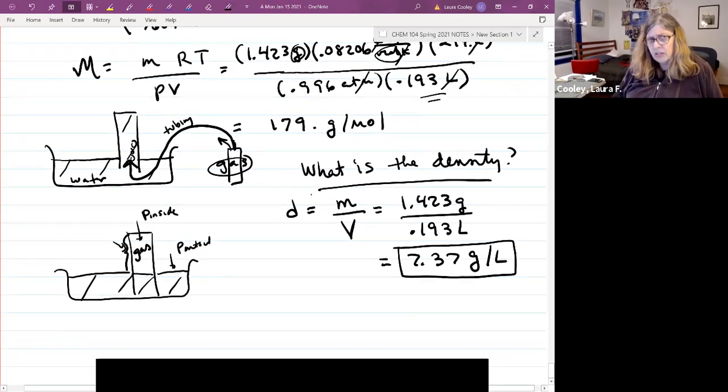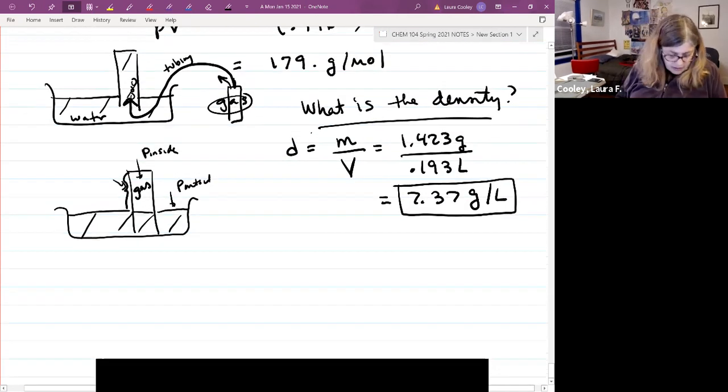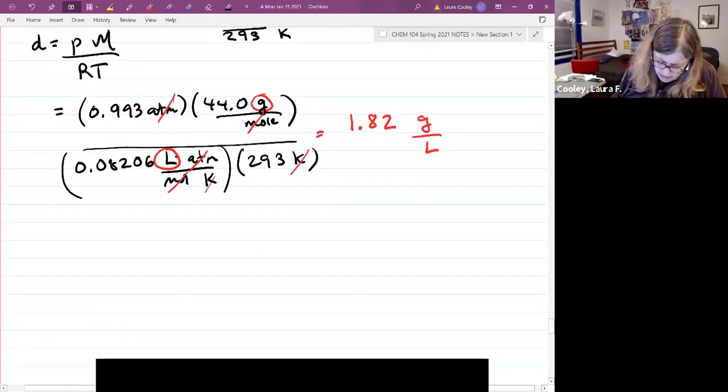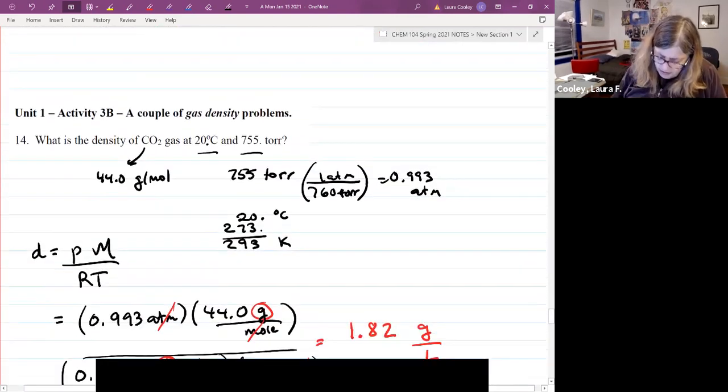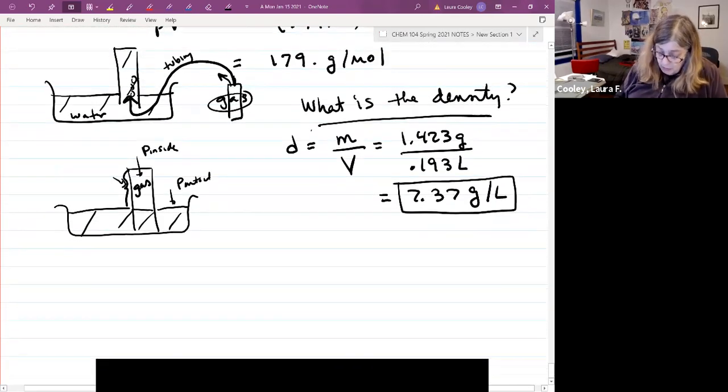And you can see it's much denser than the CO2, I believe, from the previous example. And that's because these freons have a lot of heavy atoms, chlorines and fluorines and things like that, which are much heavier than what's in, well, what gas was that? I don't want to make that mistake. Might have been nitrogen. Yeah, no, CO2. It's a larger, heavier molecule.